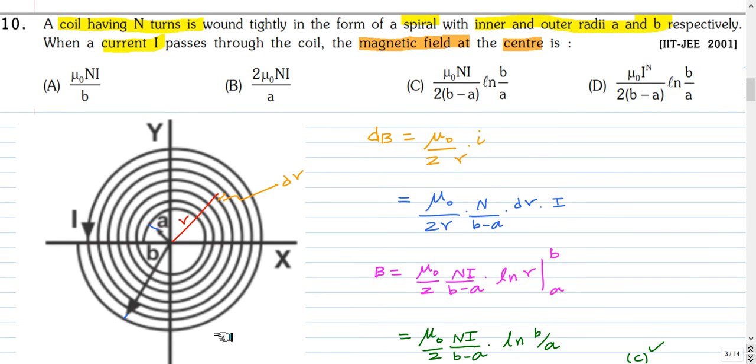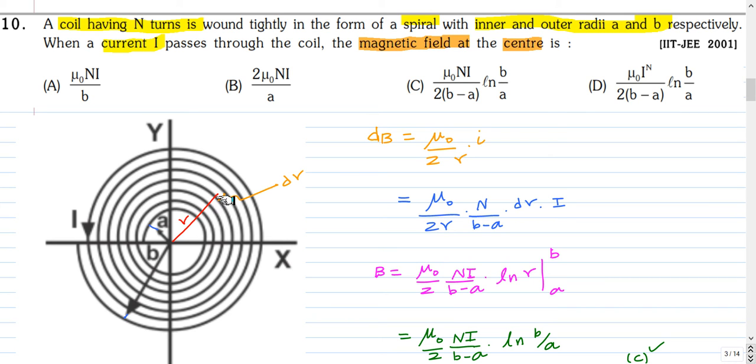So this is the spiral coil. So we have to find the value of the magnetic field at the center. The value of the magnetic induction at the center of a circular coil is given as mu naught by 2r into I, where r is the radius of the coil. So here let us take a small element dr at a distance r from the center.